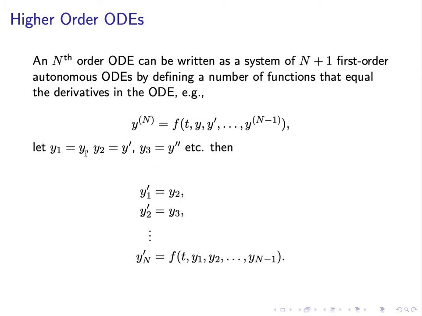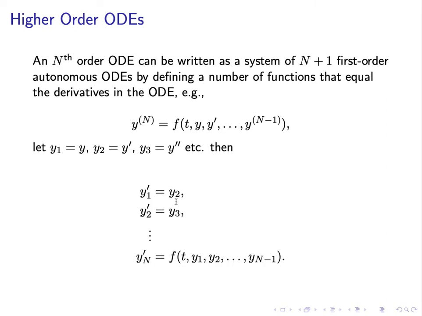So then since y2 is equal to y dash and y1 is equal to y, the derivative of y1 is equal to y2, and if we differentiate y2 we get y3, so the derivative of y2 is equal to y3, and we can keep going this way until we get to yn. So the derivative of yn would be equal to our function f expressed in terms of y1, y2, etc. On the left hand side we'll have n different values, y1, y2, all the way up to yn.